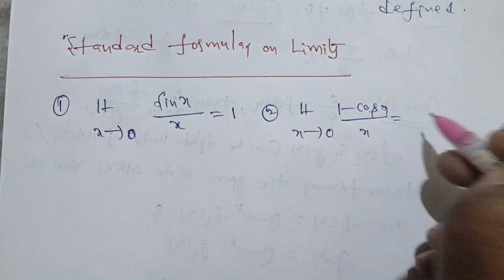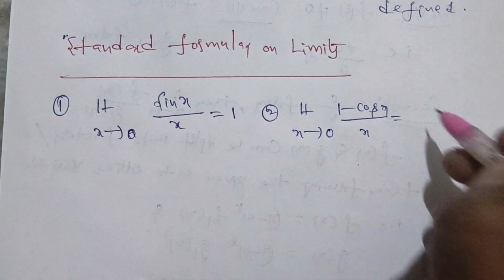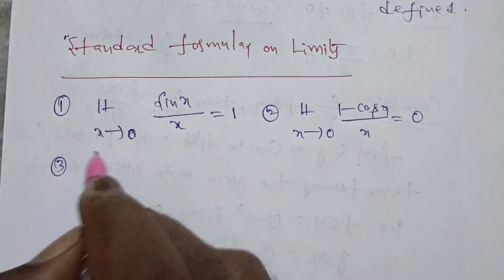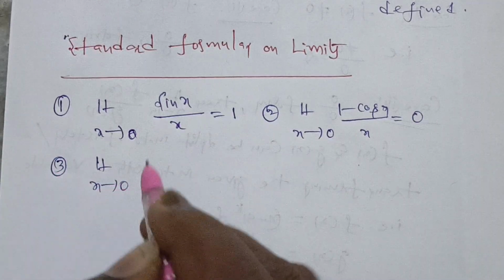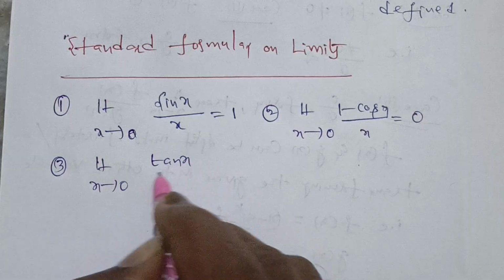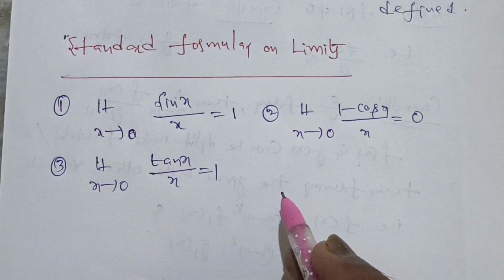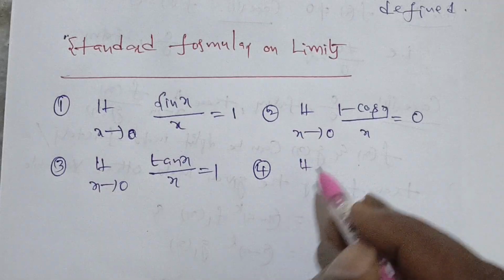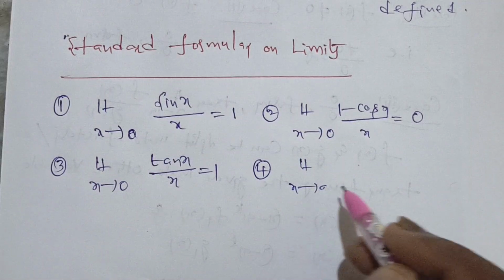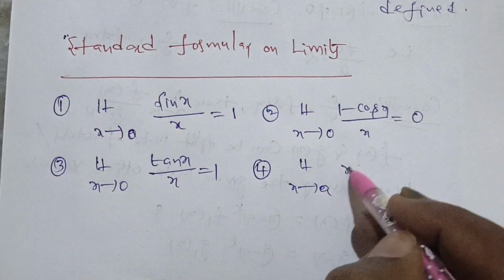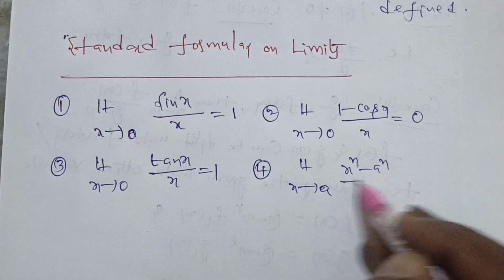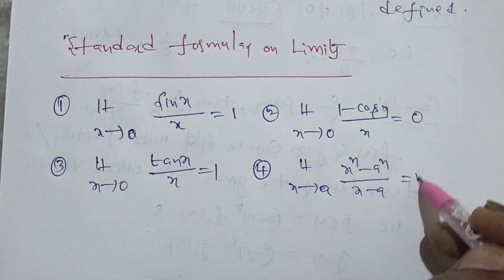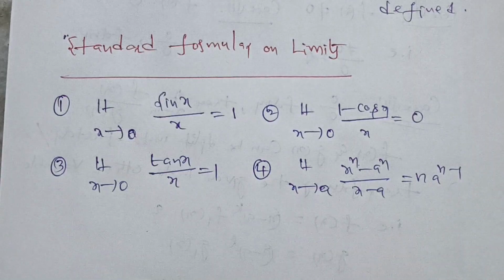Second, limit x approaches 0 of 1 minus cos x by x is equal to 0. Third one is limit x approaches 0 of tan x by x is equal to 1. And fourth one is limit x approaches a of x power n minus a power n by x minus a is equal to n into a power n minus 1.